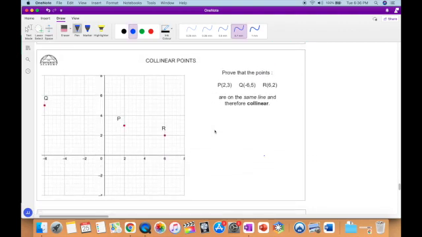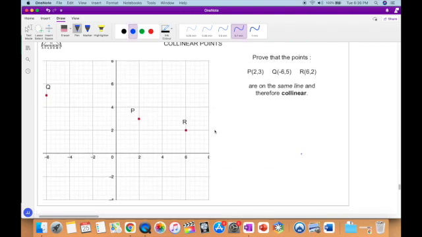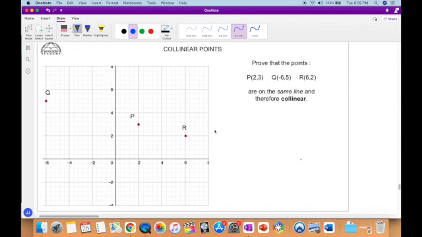Last one, collinear points. Now collinear points, you're gonna want to remember your parallel vectors thing. The parallel vectors thing is gonna help us here. Now what collinear points are about is they say that we have 3 points.